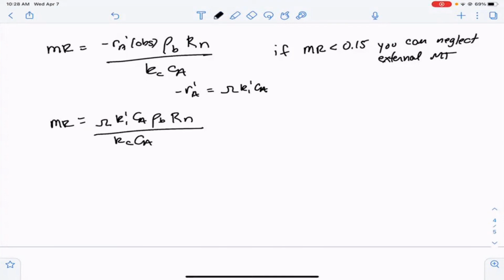And the Ca's, of course, just cancel. And we can calculate this value. And if we do that in our problem, that is equal to 0.97. And obviously, then it doesn't satisfy that as well.